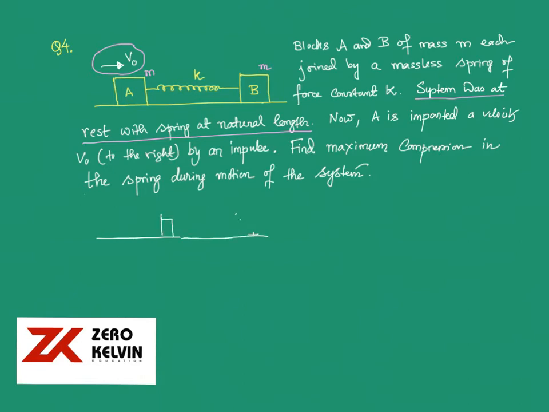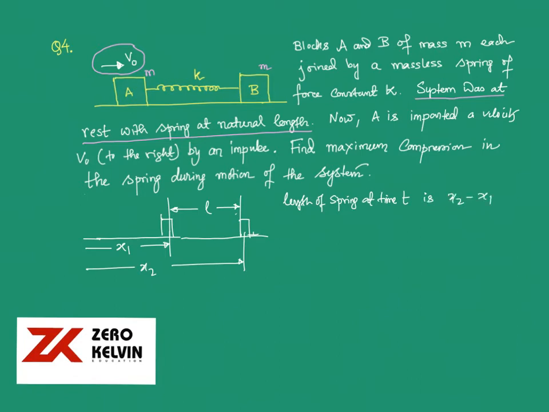So these are the blocks, and this is the length of the spring L, which varies. This is the coordinate x1 of block 1 and the coordinate x2 of block 2. So the length of the spring at any time t is x2 minus x1. So L is equal to x2 minus x1.